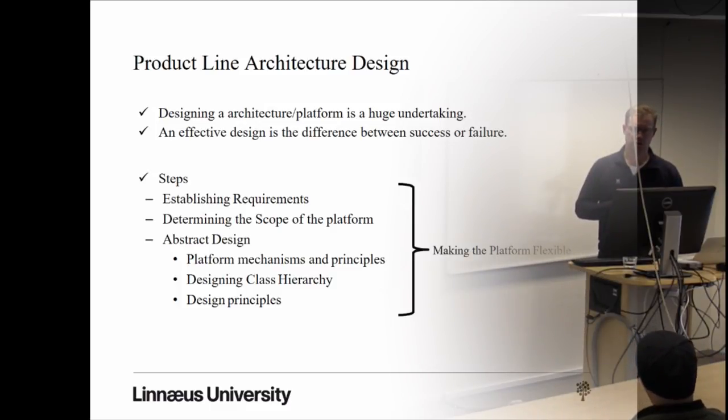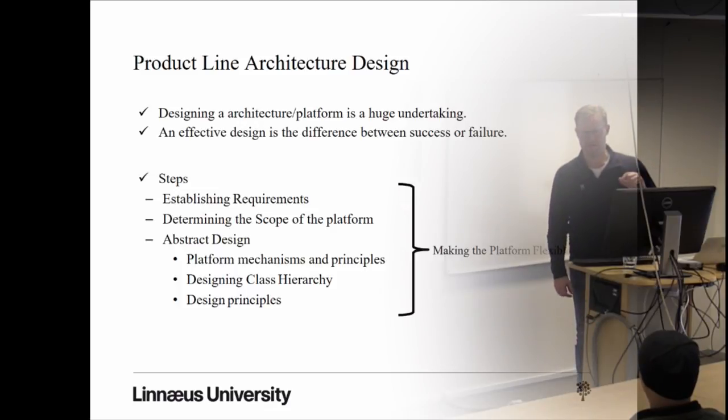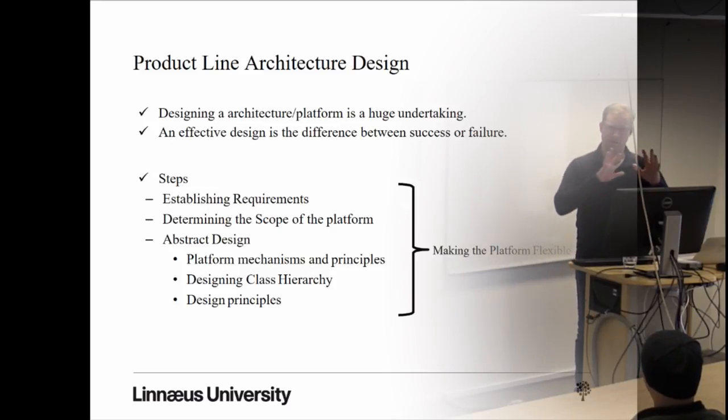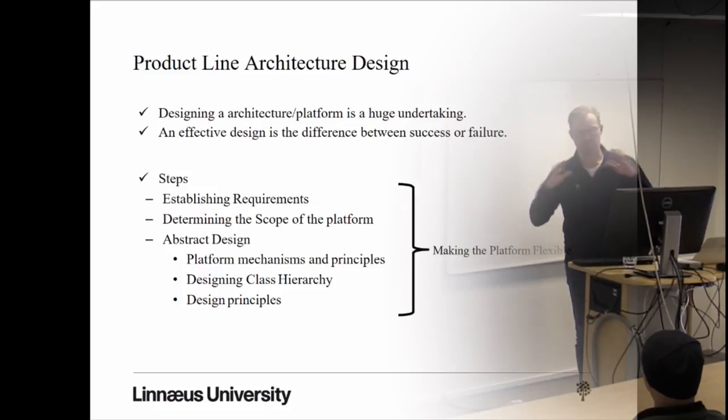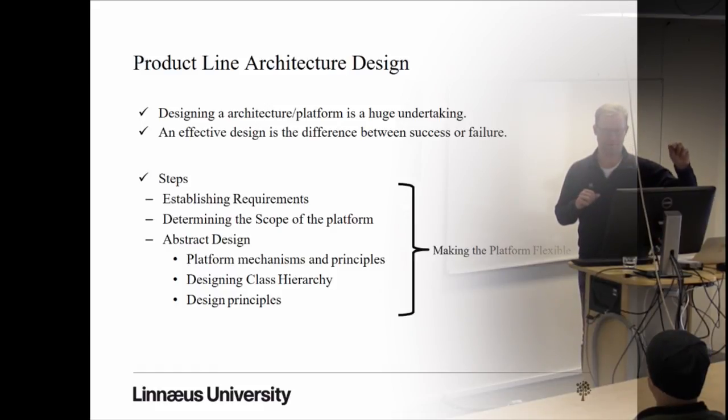It's a huge undertaking. It takes a lot of time. It's a huge investment. Huge investment, that means money. That means time. And there are many investigations into when this product line approach becomes, so to say, not a red number on the final row, but a black number, when it's profit from this approach.